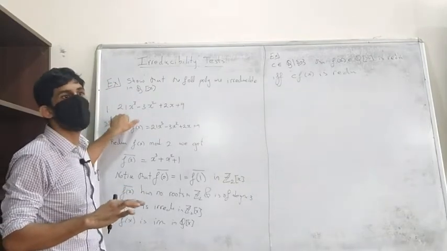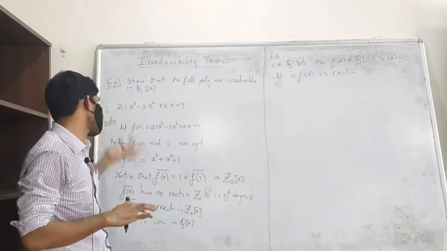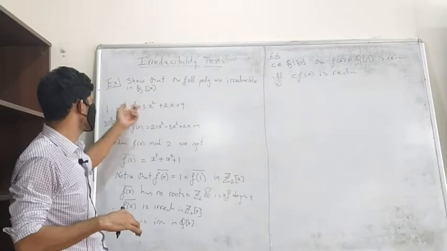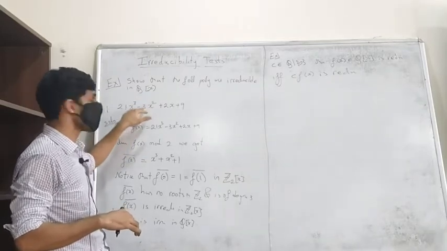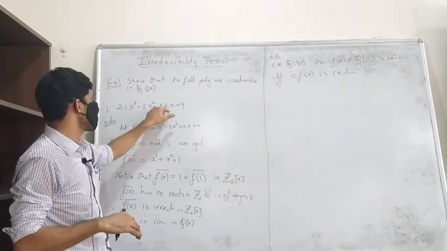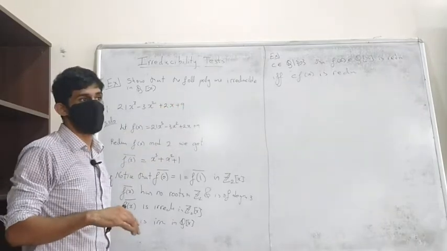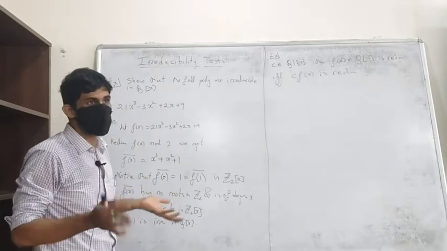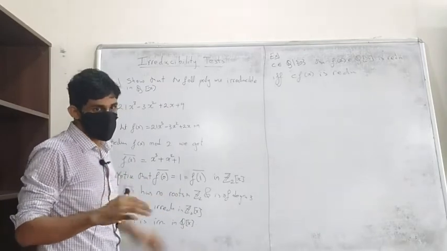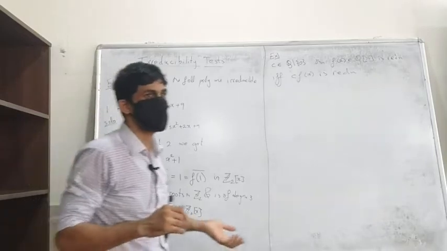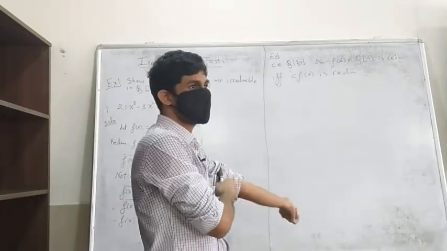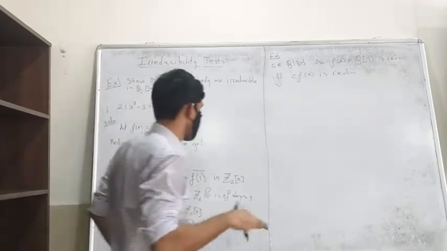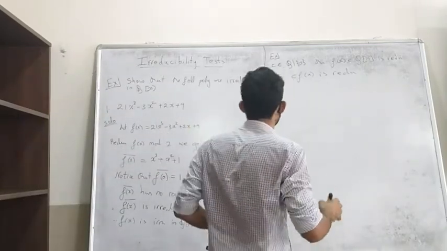If you go modulo 3 or 7 it fails, but you could try with 5. In Z5 you would get x cubed plus 2x squared plus 2x plus 4, but then again you would just need to check for roots. I don't know whether it would work or not.